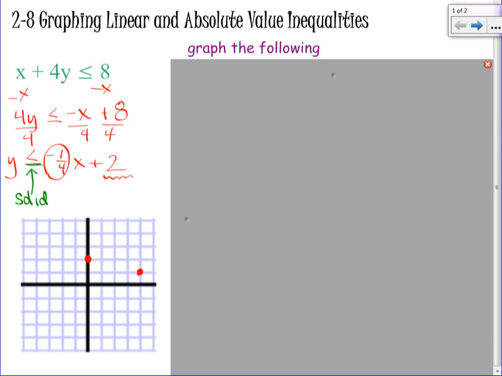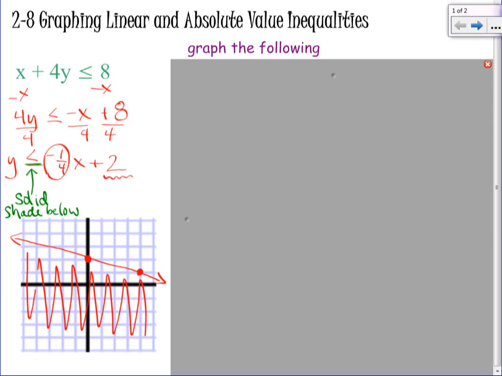Why would it be below? Because it's less than. Okay, so shade below. If it's greater than, we shade above. Okay, so we've got a solid line right here, and it says we're going to shade below. So we go like this. And we're done.